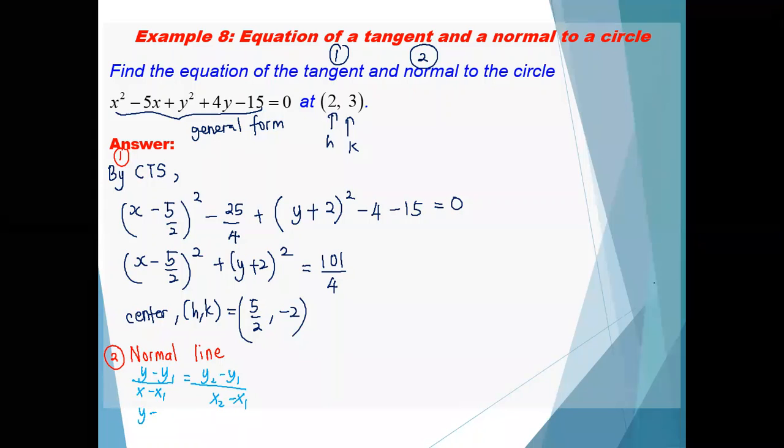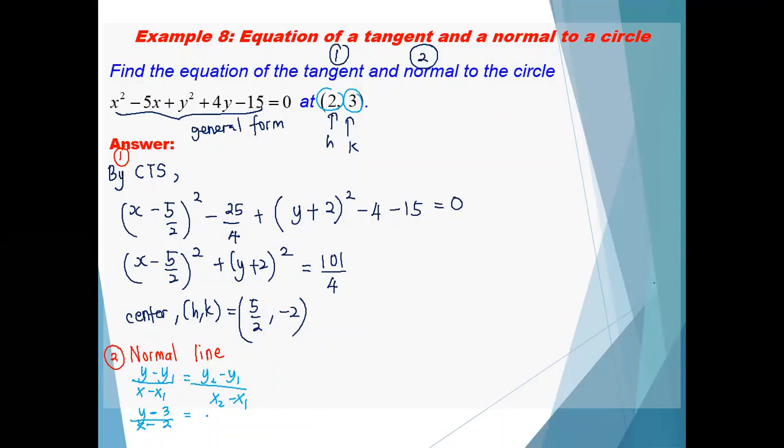Y minus y1 is 3 sebab dekat point ni kan, and then x minus 2 is equal to, this one. Y mana nak ambil?